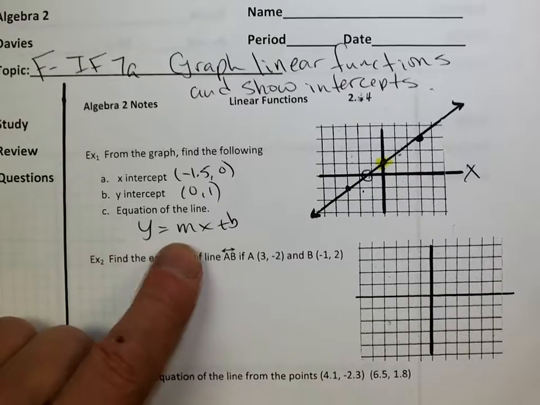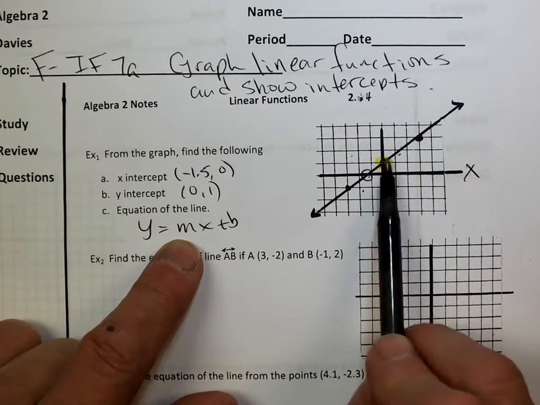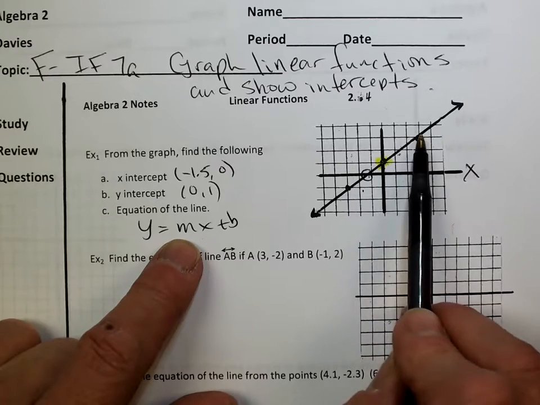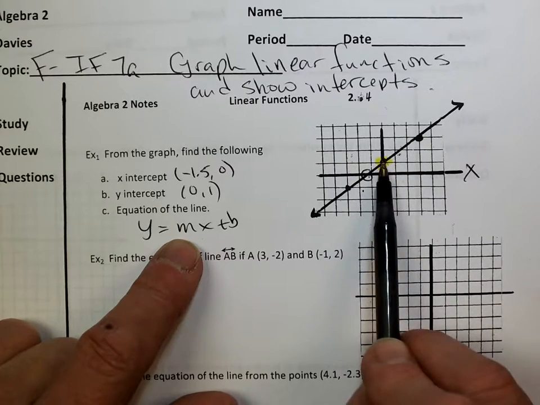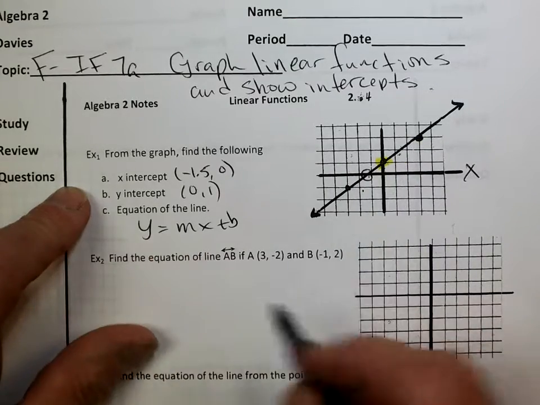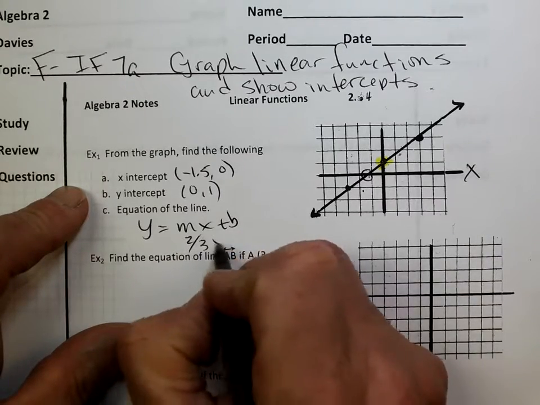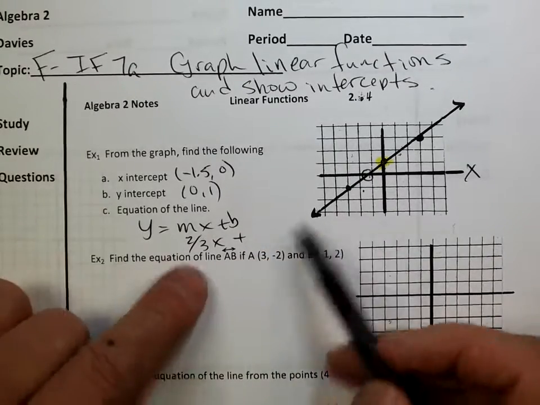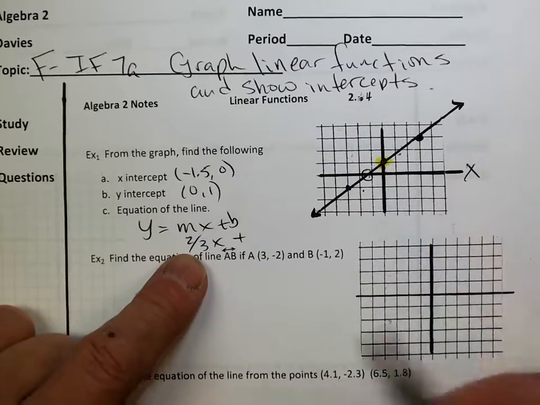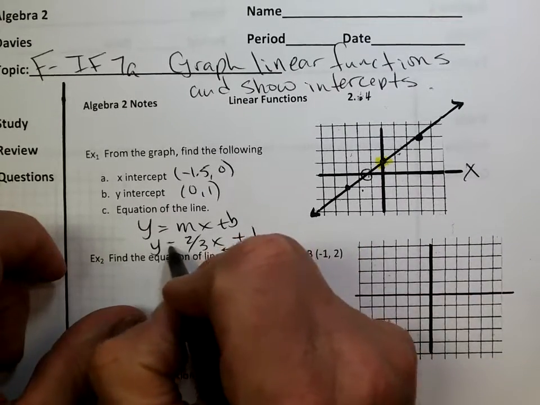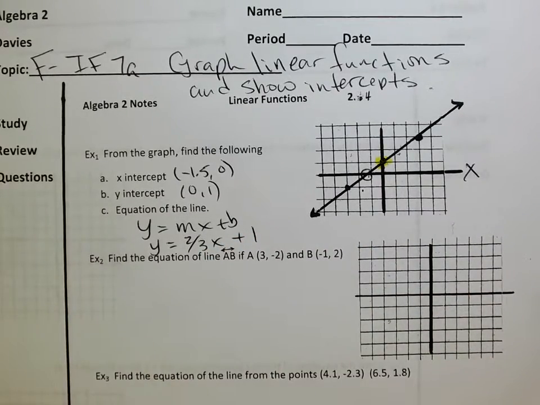And I just need to know what the slope is. I'm going to walk up 1, 2 over 1, 2, 3. Looks like it's up 2 over 3, up 2 over 3 all the way. So the slope is 2 over 3x plus its y-intercept, which is at 1, plus 1. Okay, there's my answer. y equals 2/3 x plus 1.